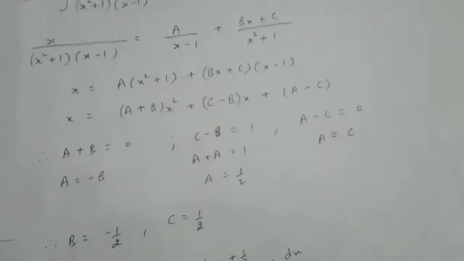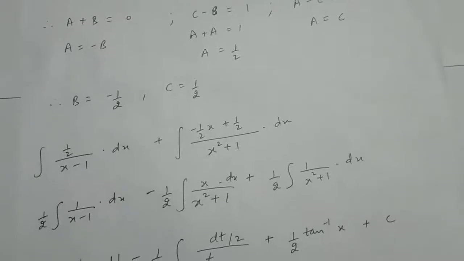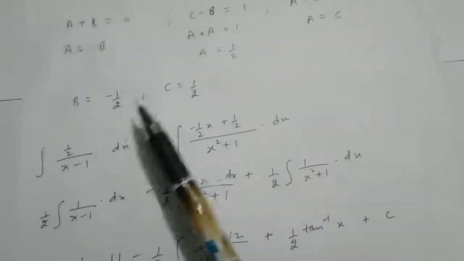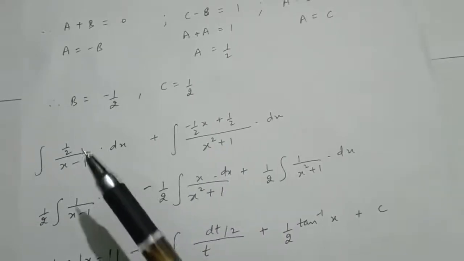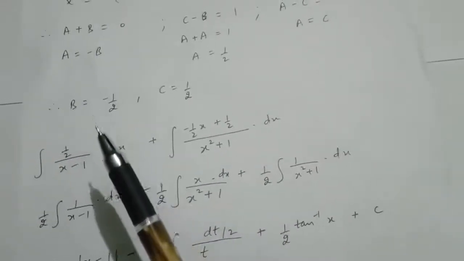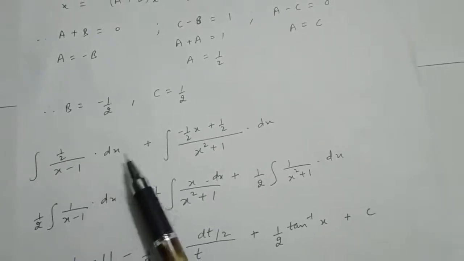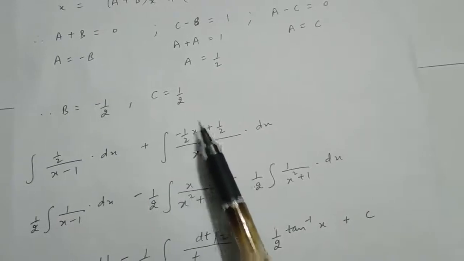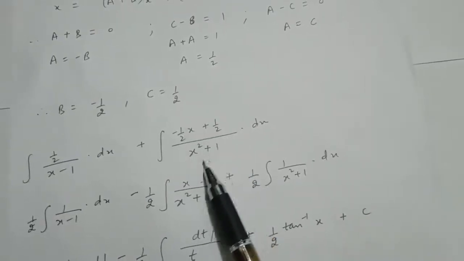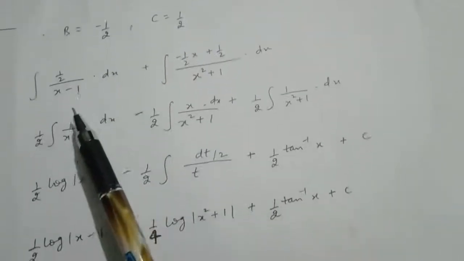So after solving you will get the values of a, b and c as 1 by 2, minus 1 by 2 and 1 by 2 respectively. Now the given integral will become the integral of (1 by 2) upon (x minus 1) into dx plus (bx plus c), where b is this and c is this, upon (x square plus 1). Now take out 1 by 2 common.